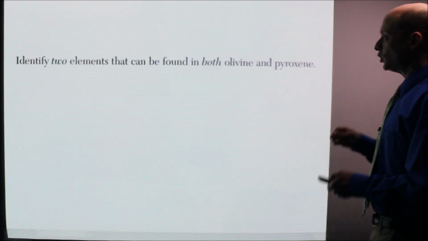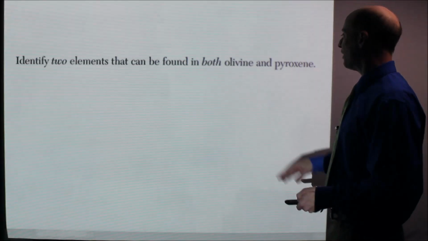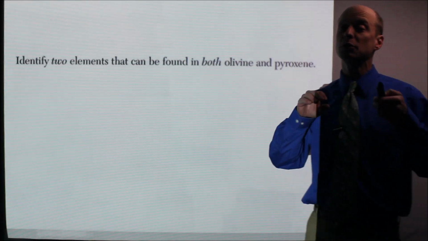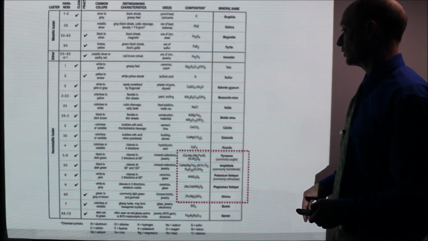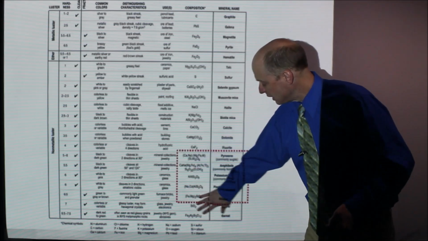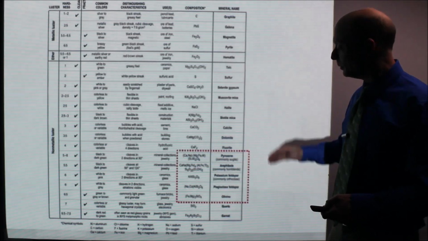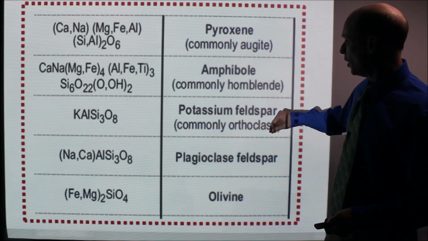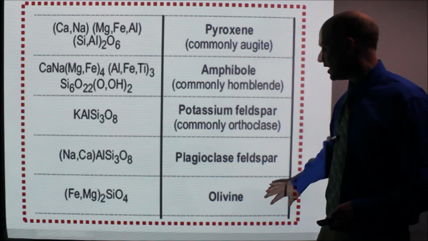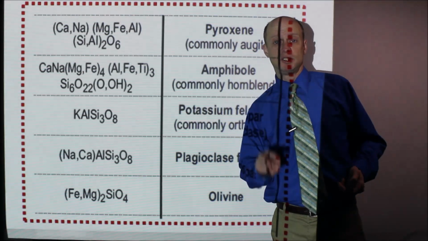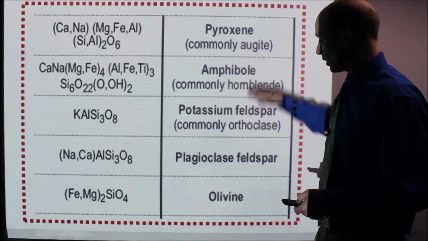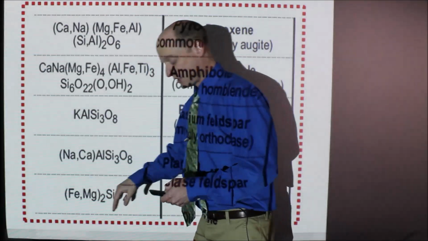Here's another one. Identify two elements that can be found in both olivine and pyroxene. So you need to go to the last page of the reference table and look under composition. Right here, I'm going to zoom in. Okay, so we are interested in pyroxene and olivine. You want to give two that are in both of them, so I'm looking through their compositions where they match up.